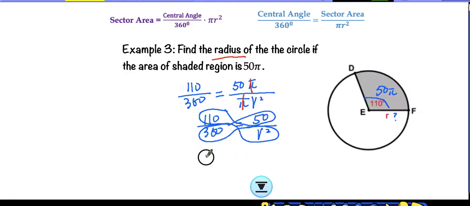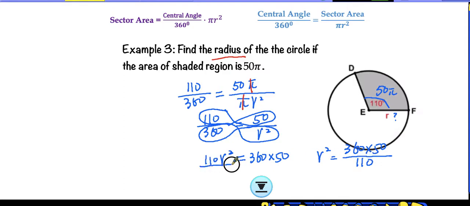So the left side is 110 r squared equals 360 times 50. You can find the answer here. You can also just keep it and we can solve the whole thing later together. r squared is 360 times 50 divided by 110, because we need to isolate r squared here, so we divide by 110 for both sides.